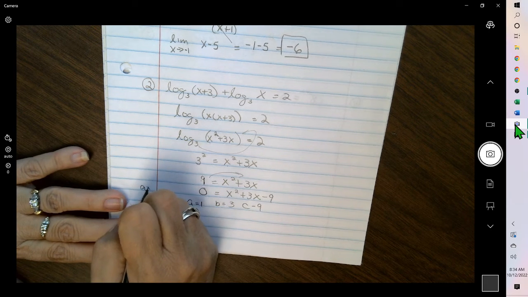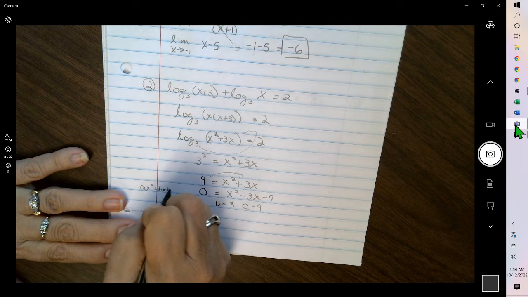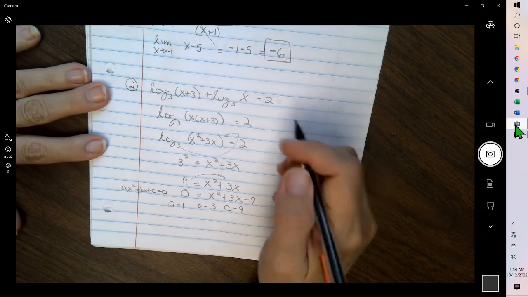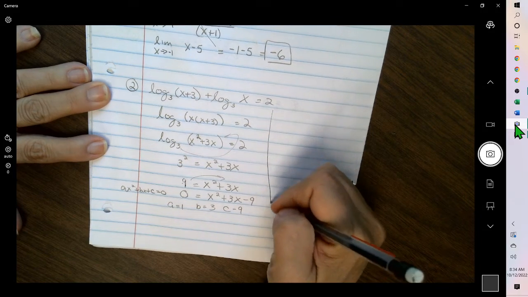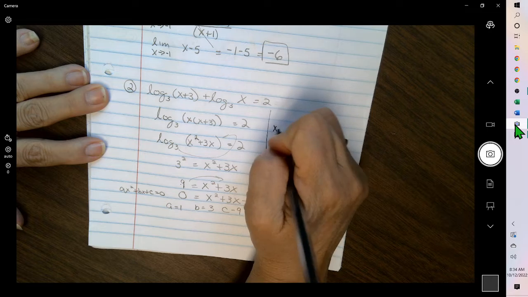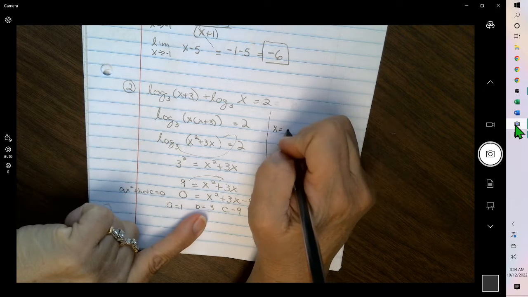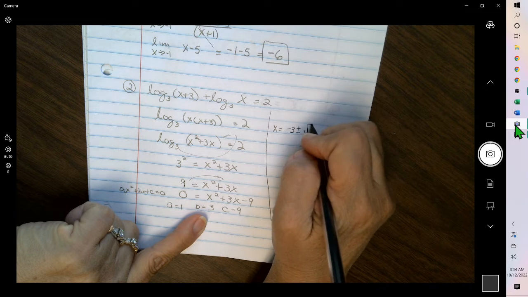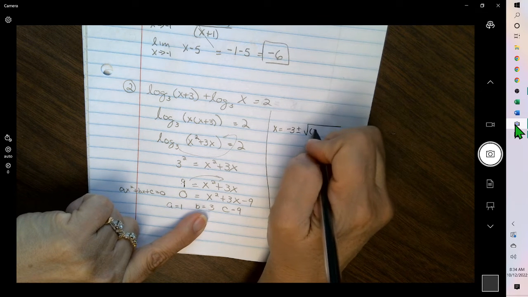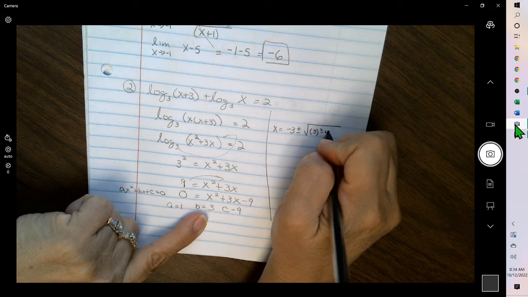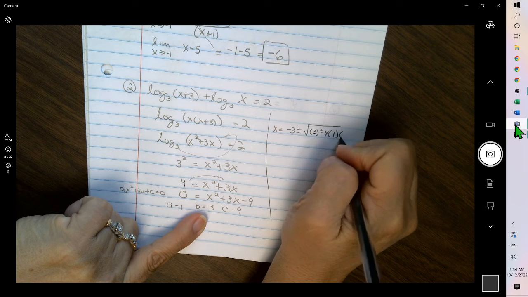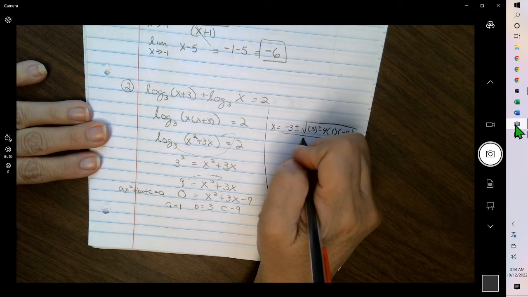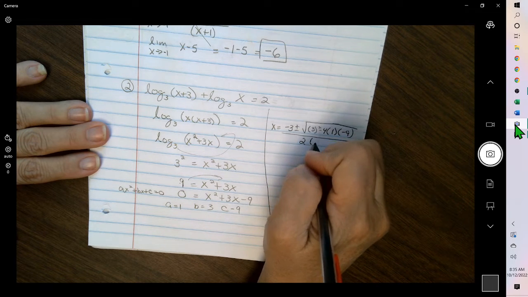Remember, ax squared plus bx plus c equals 0. Negative b plus or minus the square root b squared minus 4 times a times c all over 2 times a.